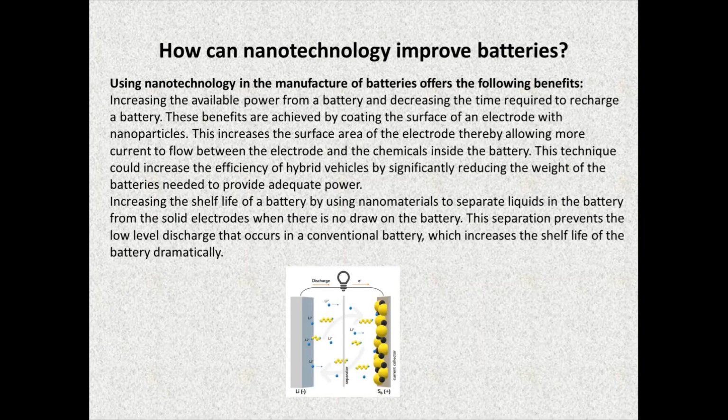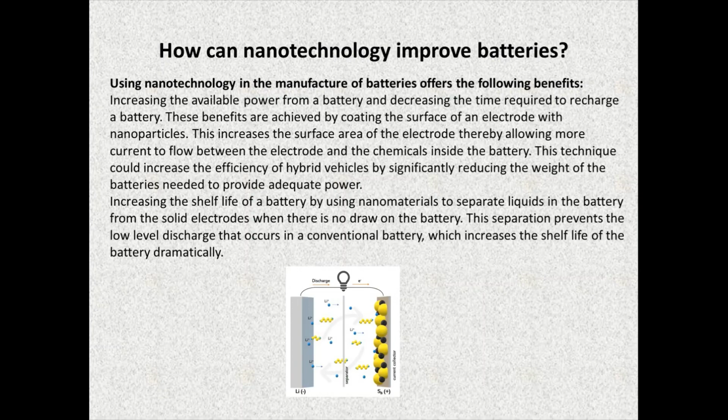How can nanotechnology improve batteries? Using nanotechnology in the manufacture of batteries offers the following benefits: increasing the available power from a battery and decreasing the time required to recharge a battery. These benefits are achieved by coating the surface of an electrode with nanoparticles.